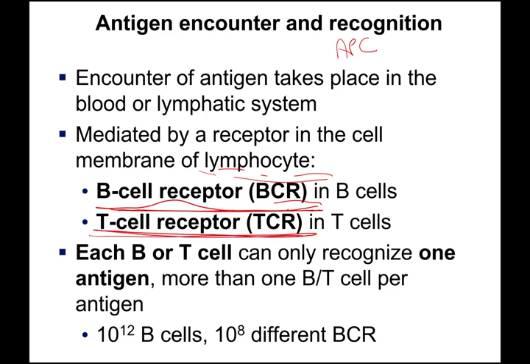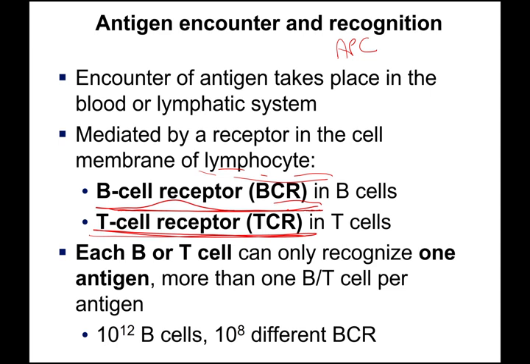Okay. Now, you have to imagine one thing. There is a huge variability of these receptors. We'll talk at the end about how this variability is generated, but they all act in a very similar way. This huge variability means that you have a huge number of B cells or T cells that can recognize all different molecules, so all different antigens.